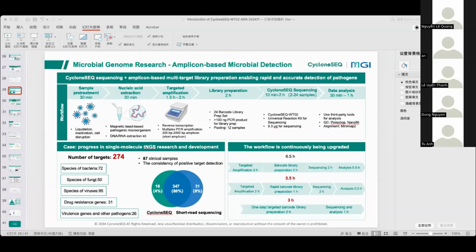So do you have any recommendation for this? You mean the recommended assembly tool for long-read sequencing, right? Yes.